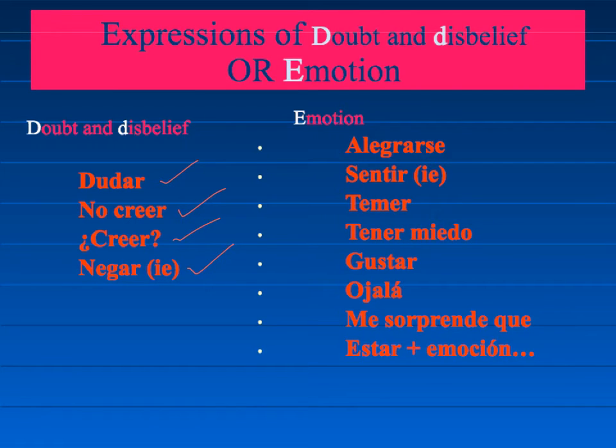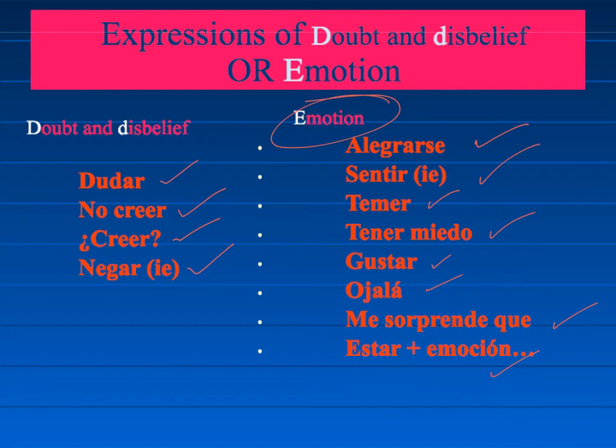If I am expressing emotions about what someone's doing, alegrarse, to be happy about, sentir, to regret, temer, to fear, tener miedo, to be afraid, gustar, to like, ojalá, to hope, me sorprende que, it surprises me that, estar with any type of emotion about what someone is doing, will all be considered reasons to use subjunctive in the secondary clause.